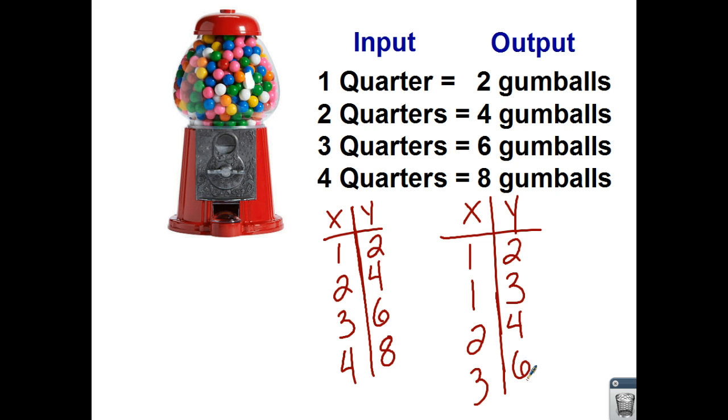Well, it looks like on day 2, the gumball machine was broken. It was not functioning very well. It was not a function because I notice that my x spit out 2 gumballs and my x spit out 3 gumballs, which would mean, according to my definition, my x value had more than one different y value. And we would call that not a function. It's a broken gumball machine.